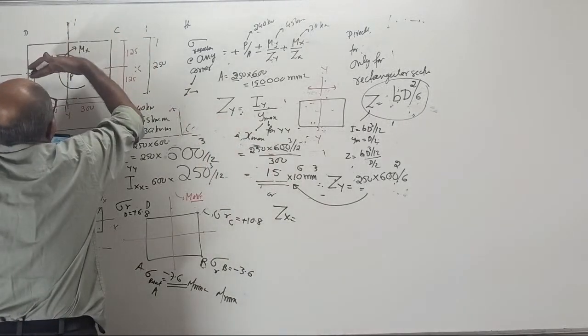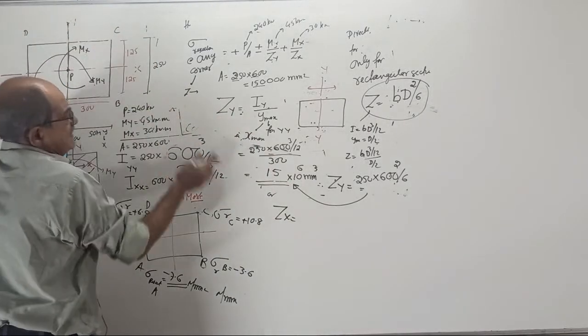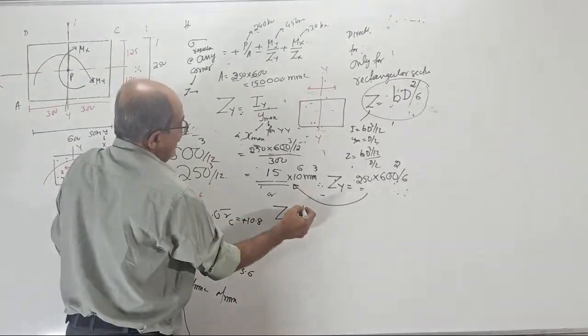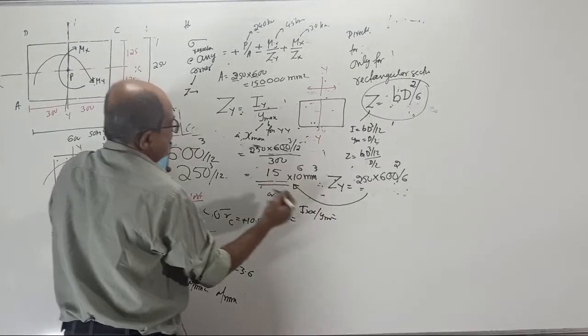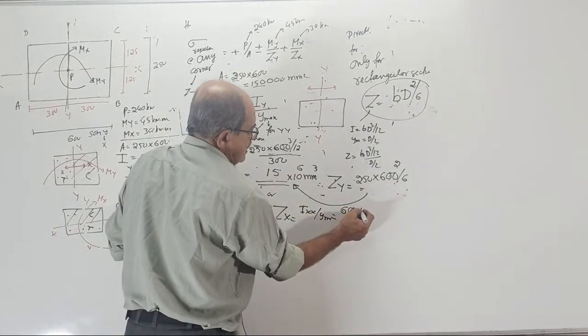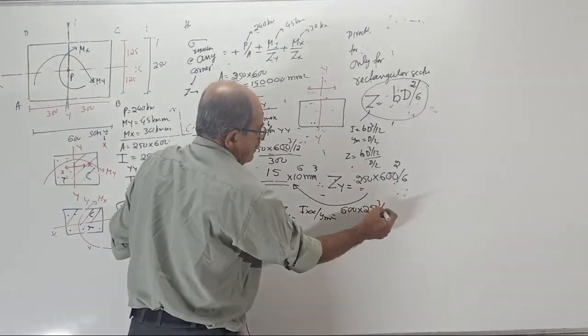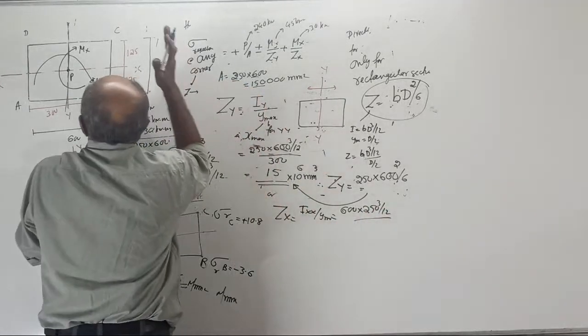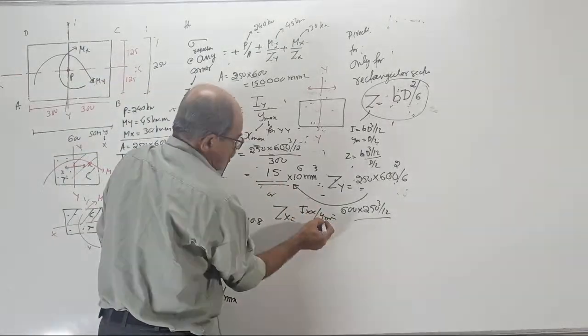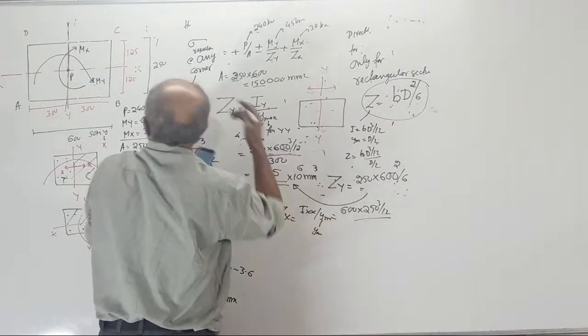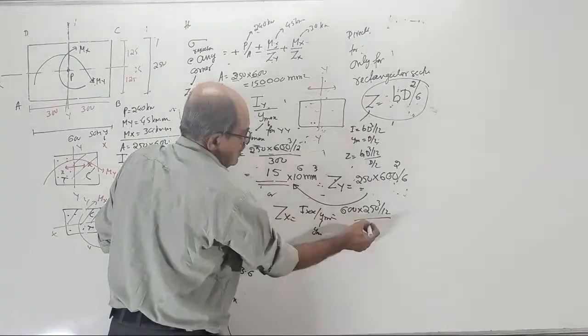Same way, Z about X axis. Z about X equal to, you can use Ixx by y max. I about xx is 600 into 250 cube divided by 12. With respect to x-axis, y max is 125.